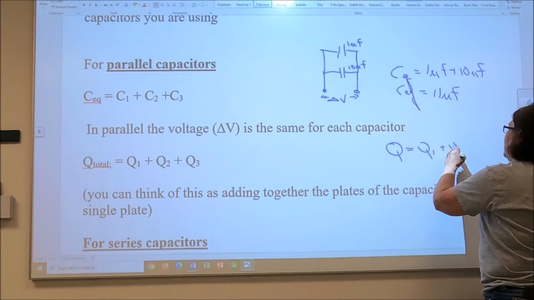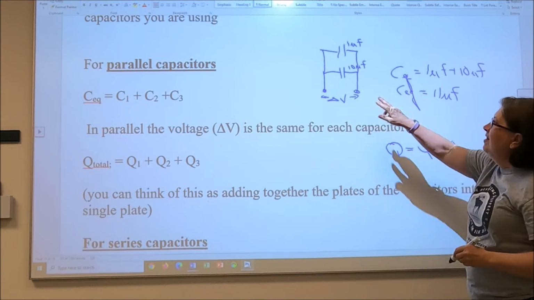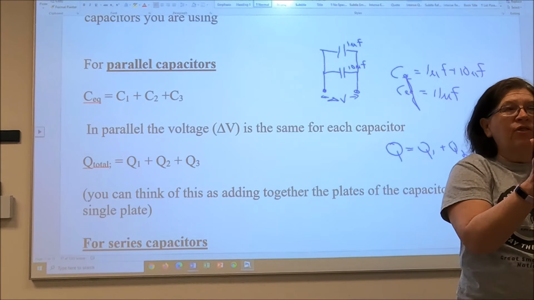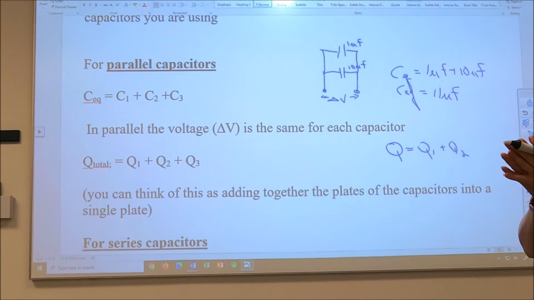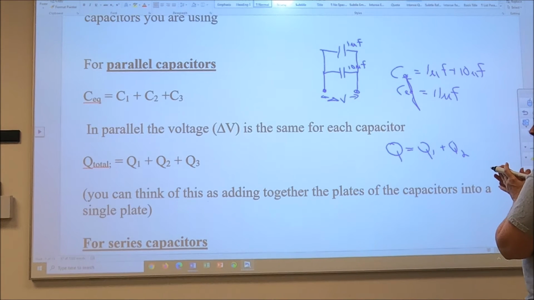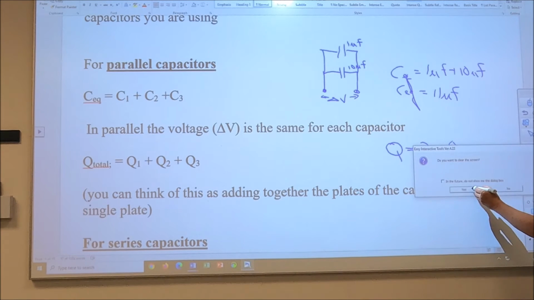So Q1 plus Q2. It's essentially like building a capacitor that's just got larger plates. So what I've done is I've thought about combining them into just one large plate.